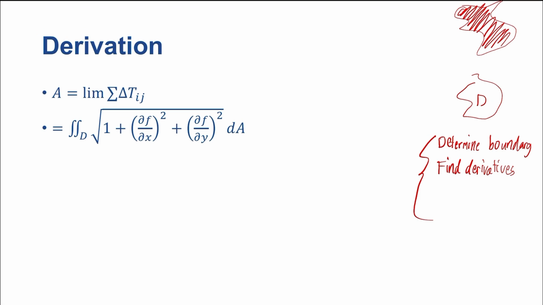The third step is to perform your integral. Is it perform or preform? I'm not sure. Perform integrals. And that will give you your surface area. Okay, so that is how you do that.